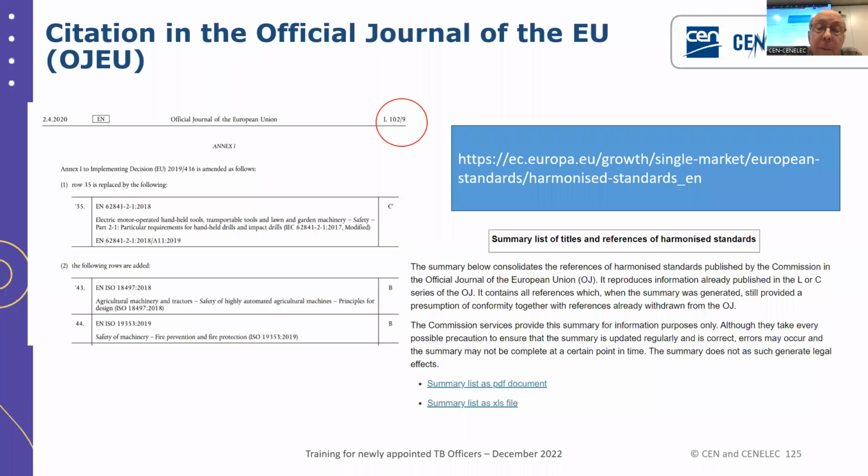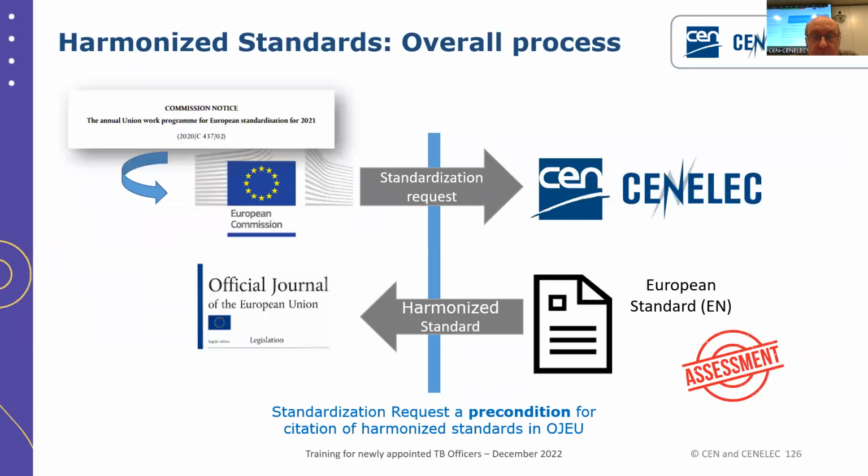In the past, in the C communication of the official journal of the European Commission, we had a full list each time. Nowadays, it's only a set of the newly approved standards for reference in the OJE. But there is always a regularly updated summary giving the full list of the standards currently supporting a type of directive.